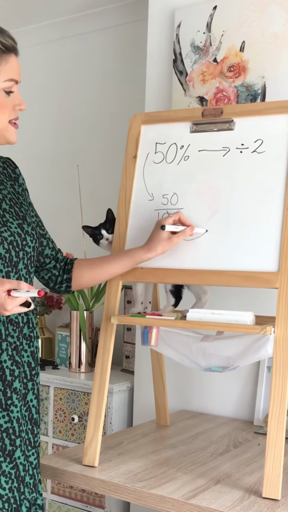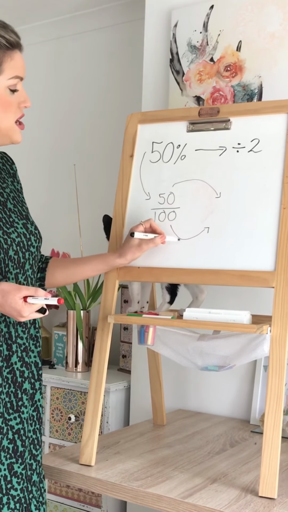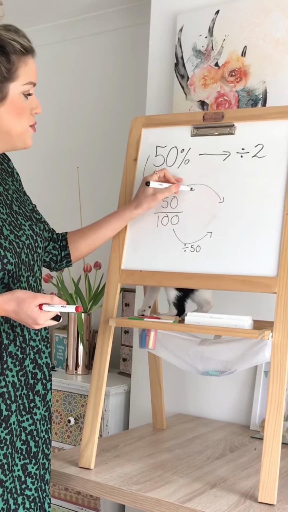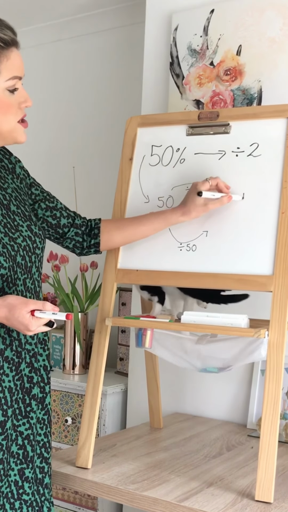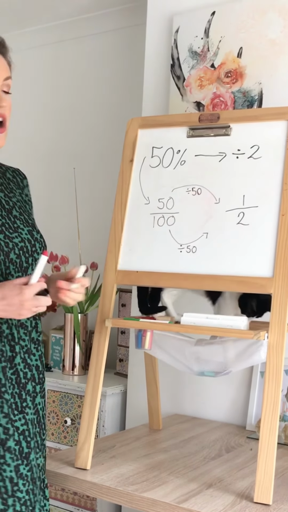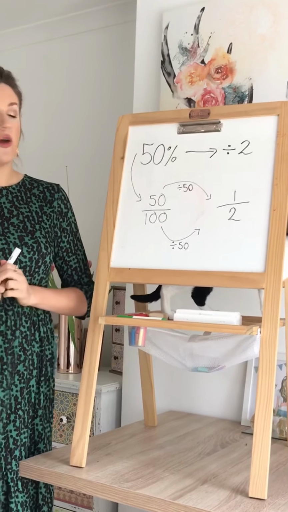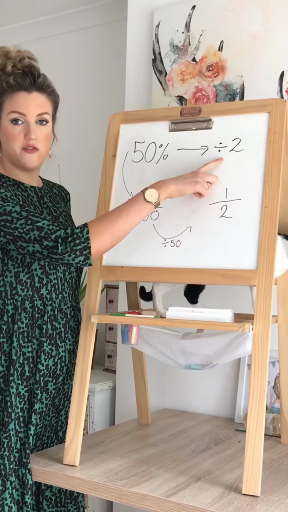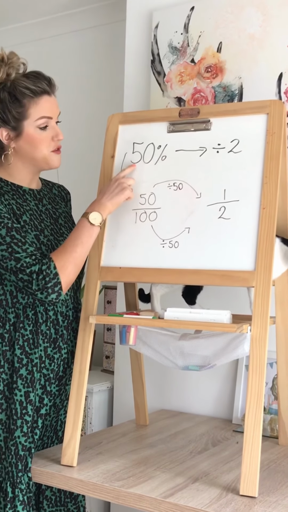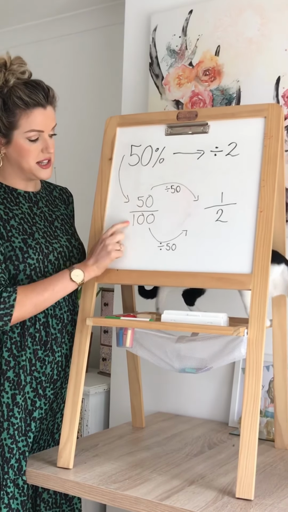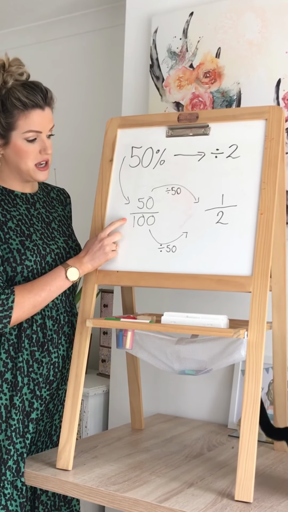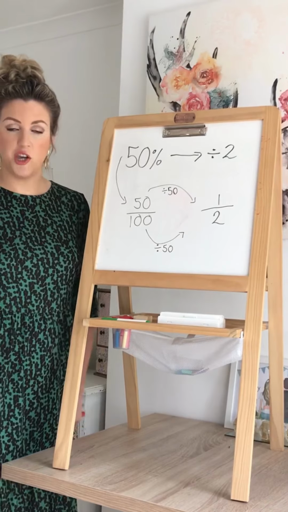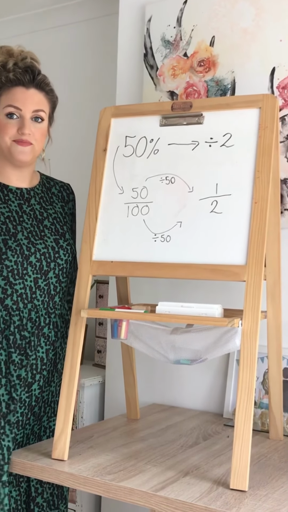And then if we simplify this fraction and divide the denominator and the numerator by the same amount, we get a half. And we know that finding half of an amount means we divide by 2. So 50% is the same as 50 hundredths, which is the same as a half, and that's why we divide by 2 when we find 50%.